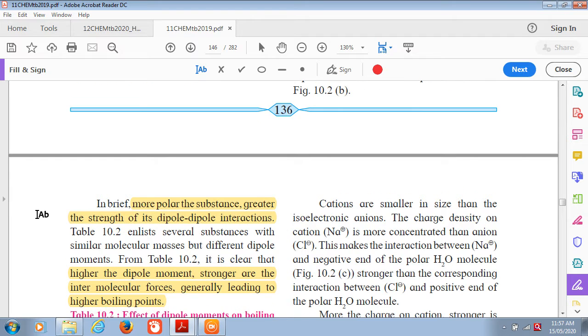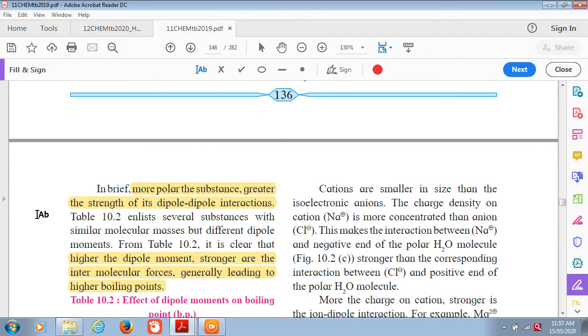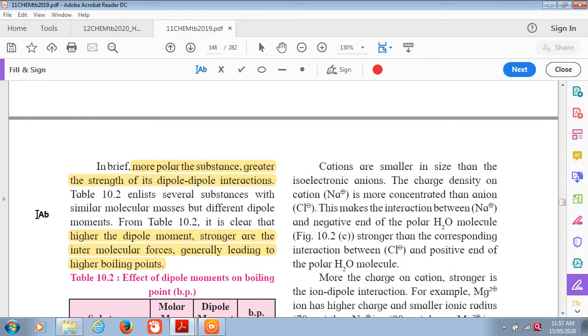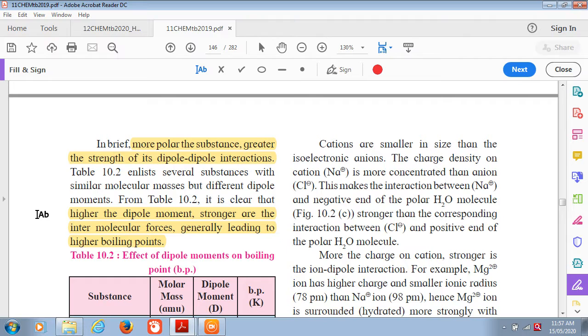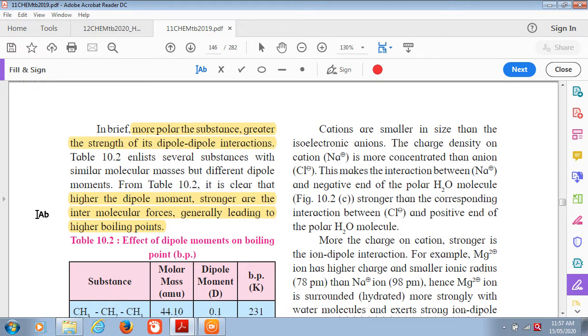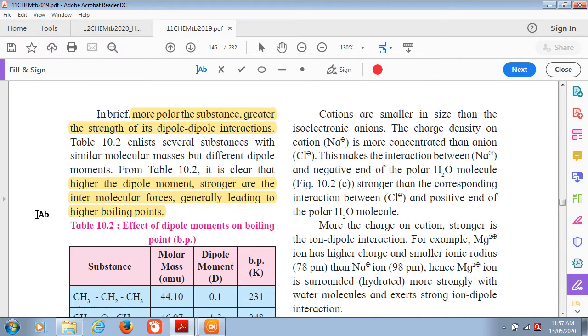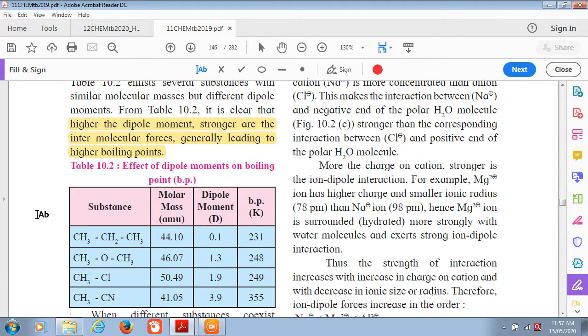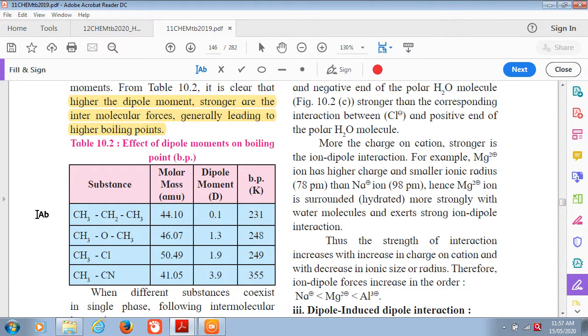The more polar the substance, the greater is the strength of its dipole-dipole interaction. The higher the dipole moment, the stronger are the intermolecular forces, and that increases the boiling point. In the table we can see the effect of dipole moment on boiling point.